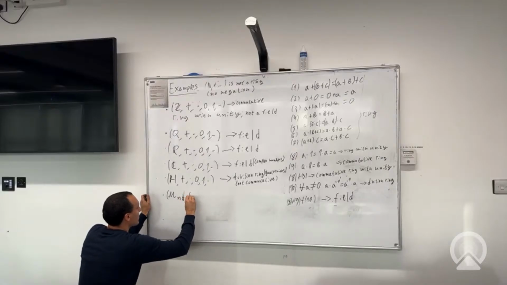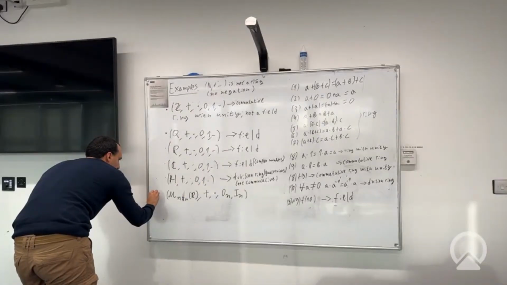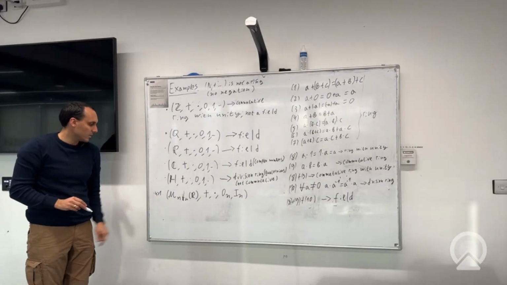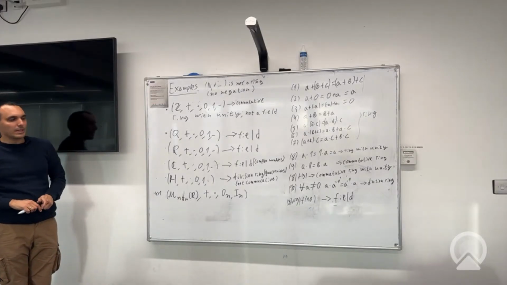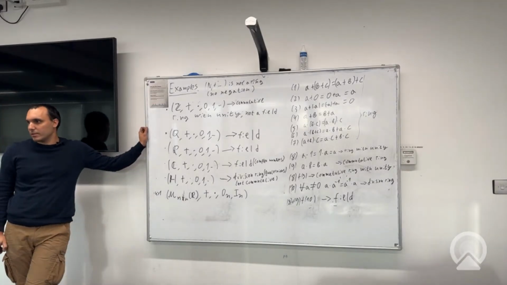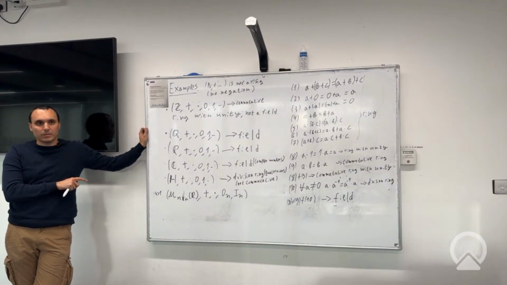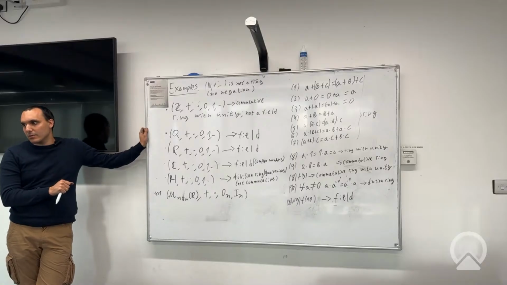Square matrices, let's say with real numbers, n bigger than 1. Does every non-zero matrix have an inverse? No, only if the determinant is non-zero, but you can have a non-zero matrix which has zero determinant.